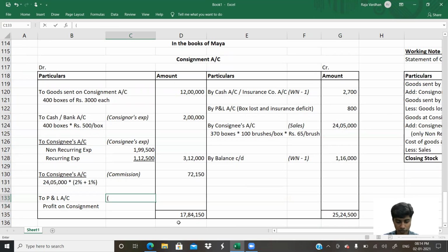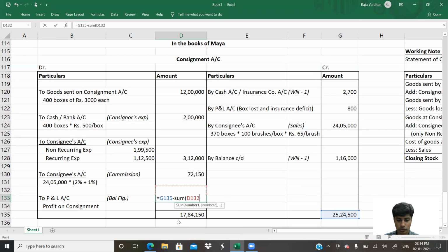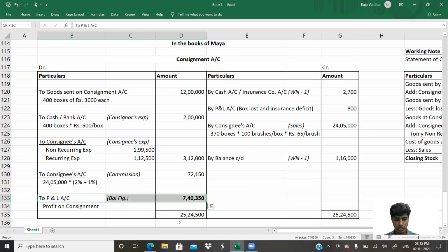This is our balancing figure. How do we get this? We basically get this by doing 25 lakh 24,500 minus this part. Here we go. 7,40,350 is our consignment profit, transfer to P&L.